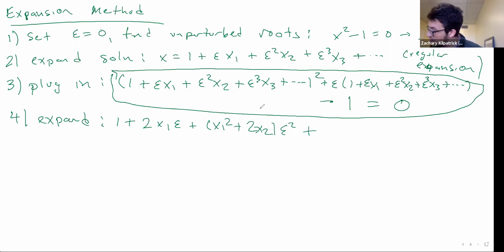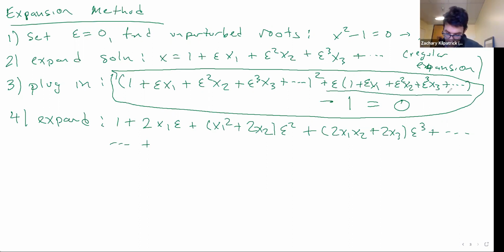At order epsilon cubed, just from this first quadratic term, you get 2x1 x2 plus 2x3 epsilon cubed plus and so on. Sorry, I'm going to run out of space again. I will continue down here. Now for your linear term, we're going to get an epsilon plus an x1 epsilon squared plus an x2 epsilon cubed, and so on. And then the last term you have is minus 1 equals 0.